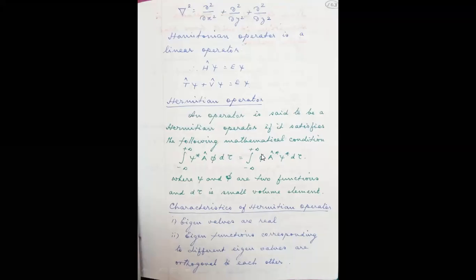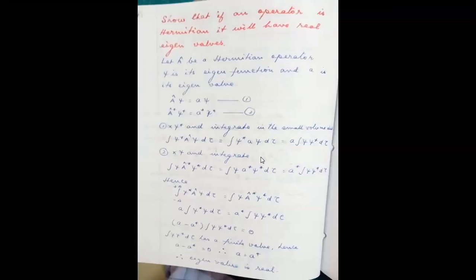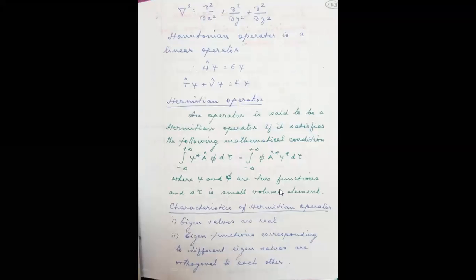If you exchange the functions, I have changed the functions: phi is here, psi star is on the other side, and the A operator is also taken as the complex conjugate.